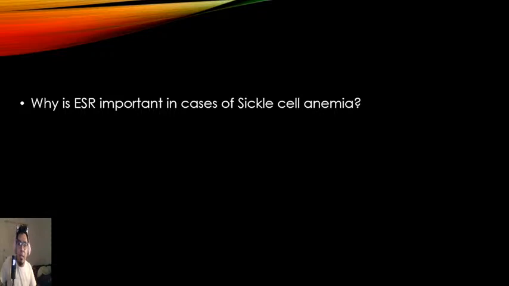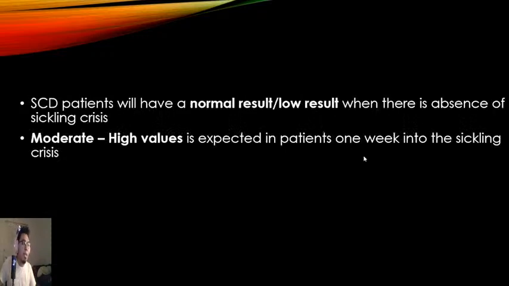Because SCD patients, or sickle cell disease patients, will have a normal to low result in the absence of a sickling crisis. Moderate to high values are expected in patients who are 1 week into a sickling crisis. Remember the story I told you earlier about my friend who has a child with sickle cell disease and thalassemia trait.